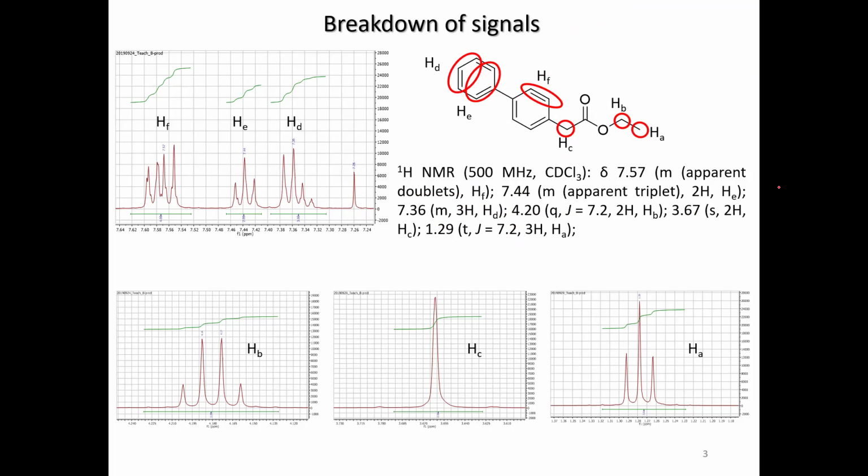Then there is the delta, which is the chemical shift, and the multiplicity, because you cannot say it's really a doublet. Eventually, when you see something like that, even if you are in a research group, even if you're publishing a paper, you call it a multiplet, and nobody will complain. It's an apparent doublet, two doublets, but it's not exactly. The same is for this one, it's an apparent triplet, but it's not exactly a triplet.